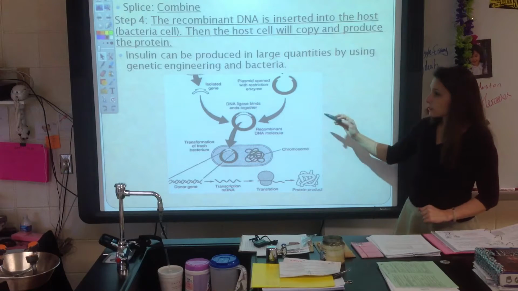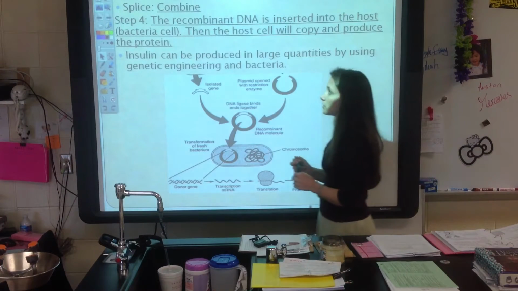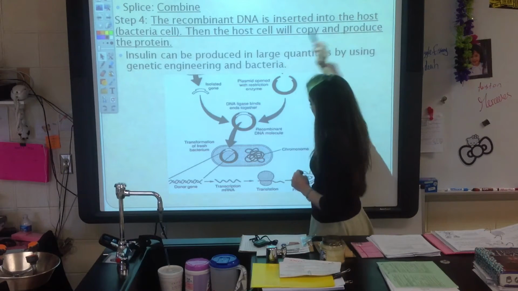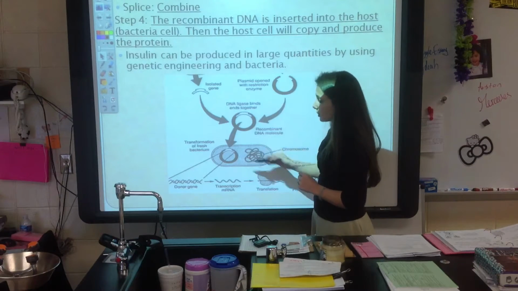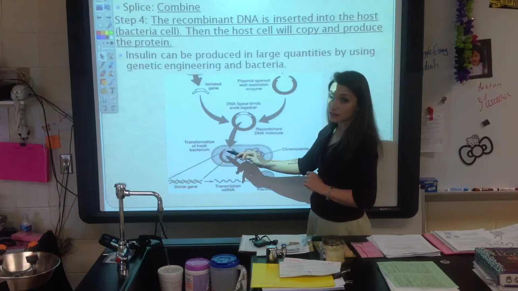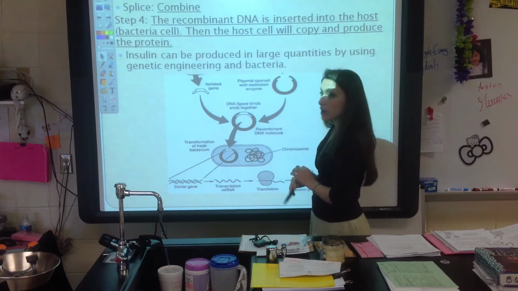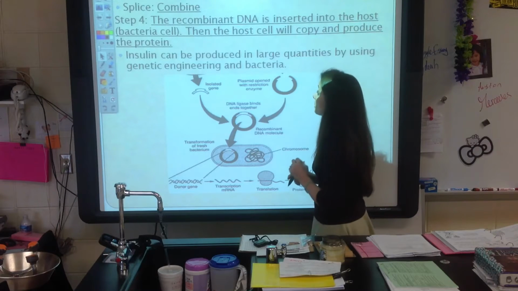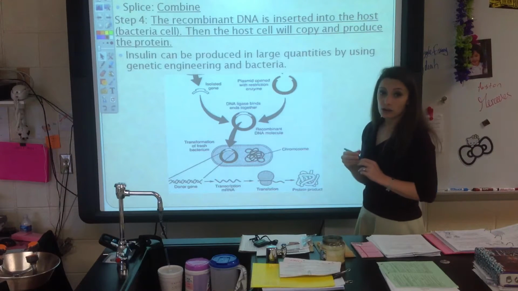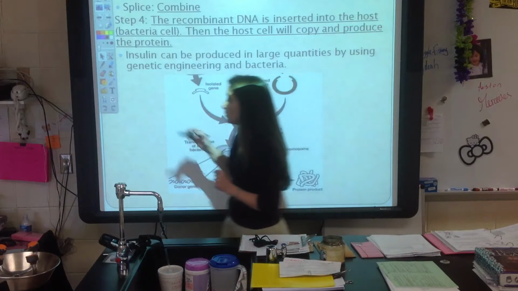And so this is the same picture that you have in your notes. The recombinant DNA is now inserted into the host, and the host will copy and produce the protein. So because it has the gene, it will actually create the protein, even though it's a human protein. Insulin can be made in really large quantities in this way.